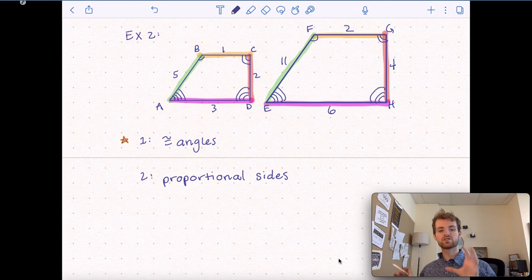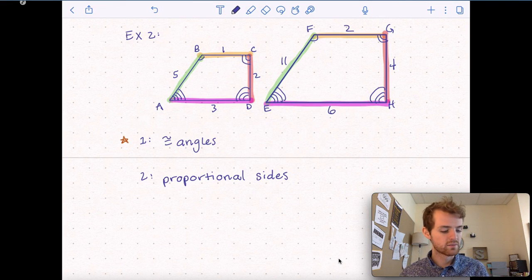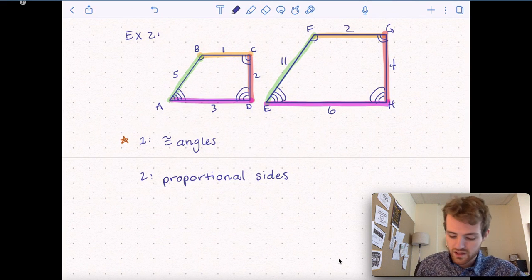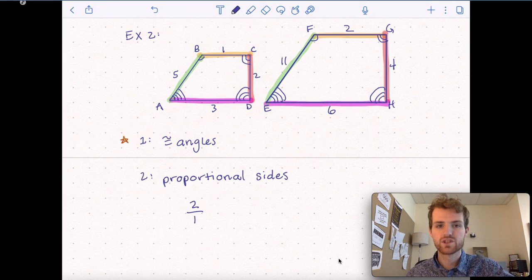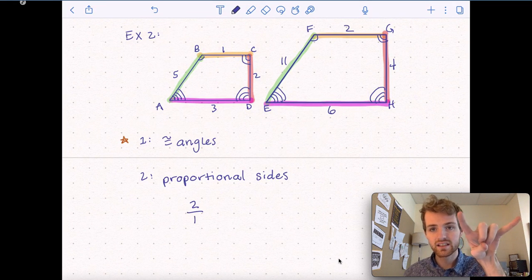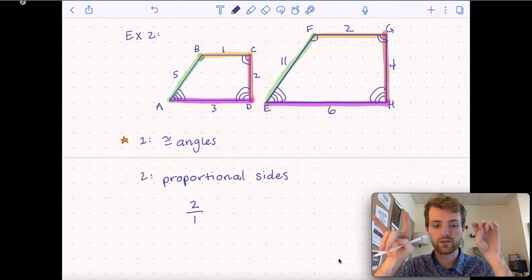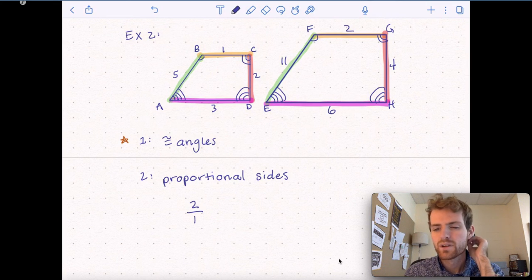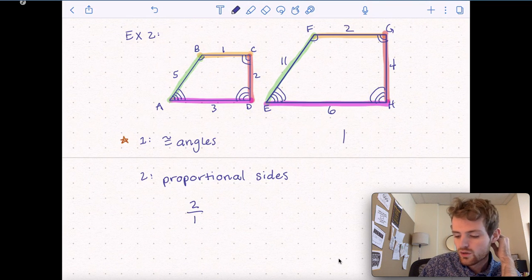I'm color coding them so we can see a bit better where I'm getting these numbers. One thing that I didn't mention that I'll include here: when we set up a proportion, I'm going to set it up this way. 2 over 1. If I look at BC and FG, we have 2 and 1 as our numbers. When we've talked about solving for K, we always do image over pre-image.